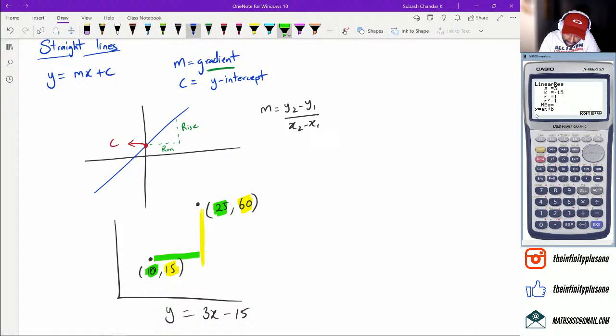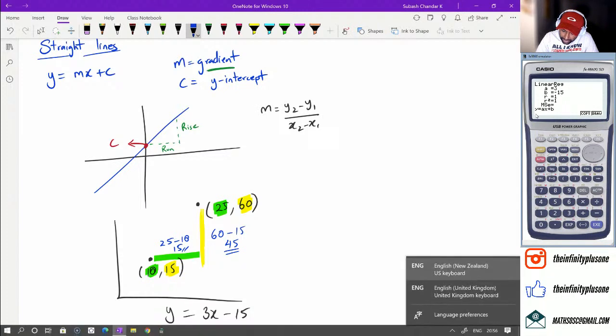Looking at it in units, that yellow line is 60 minus 15, which gives 45. And the full green line is 25 take away 10, which gives me 15.